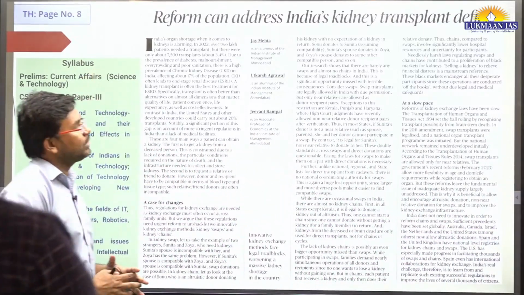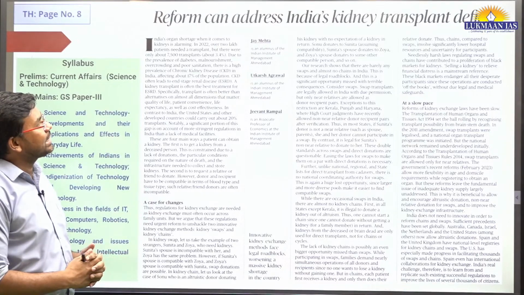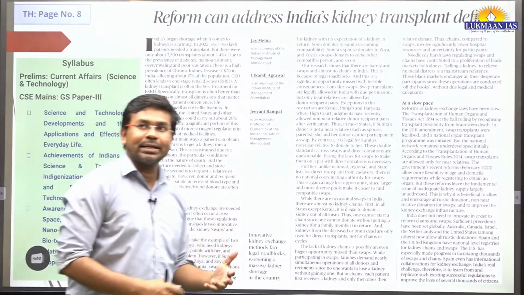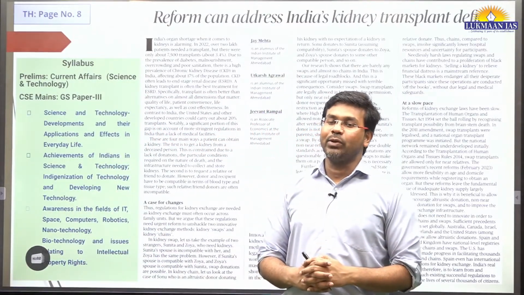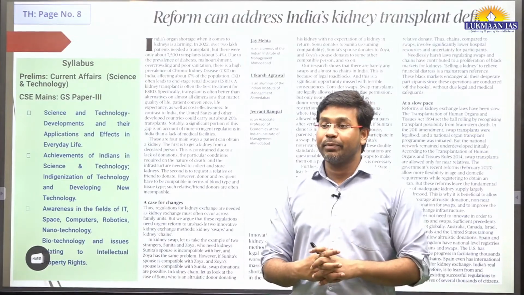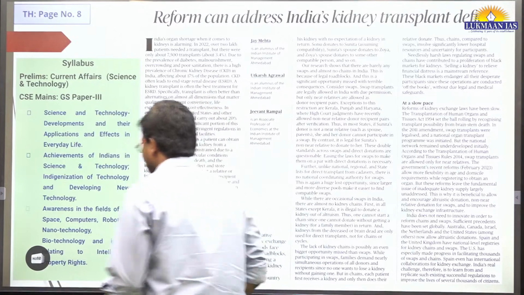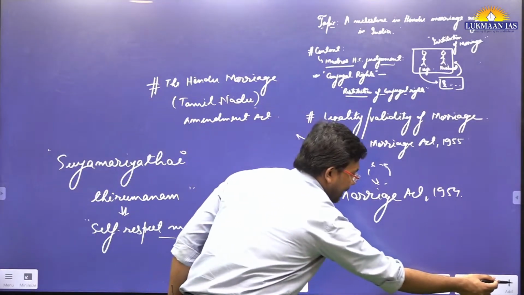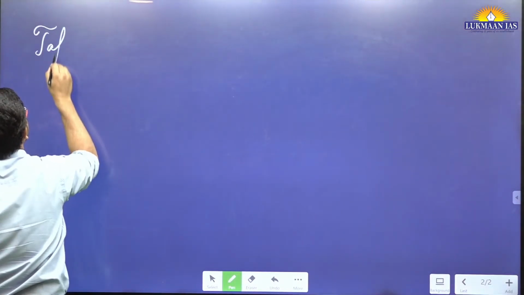Then we have another topic. It says reform can address India's kidney transplant deficit. In this article they have talked about how we need to reform the way kidney transplants are performed in India, and about different ways of kidney transplant.